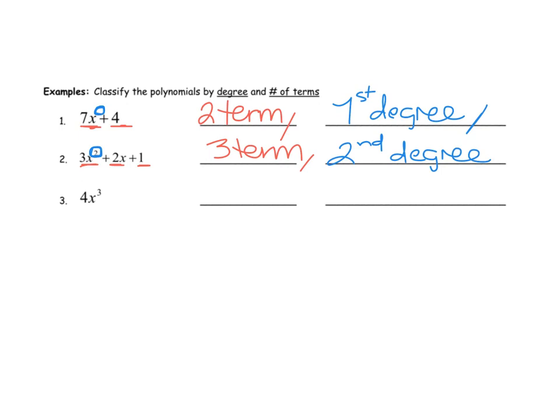And in our last example here, we have just 1 term, so that's a 1-term polynomial, and the highest degree is 3, so we call that a 3rd degree polynomial, and sometimes we call that a cubic polynomial. Let's look at some examples where first we have to write the polynomial again in standard form.